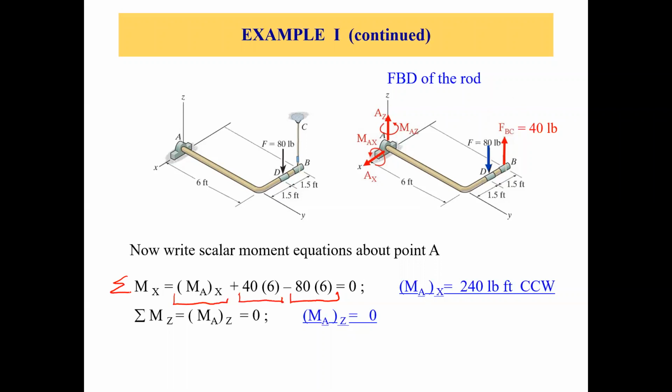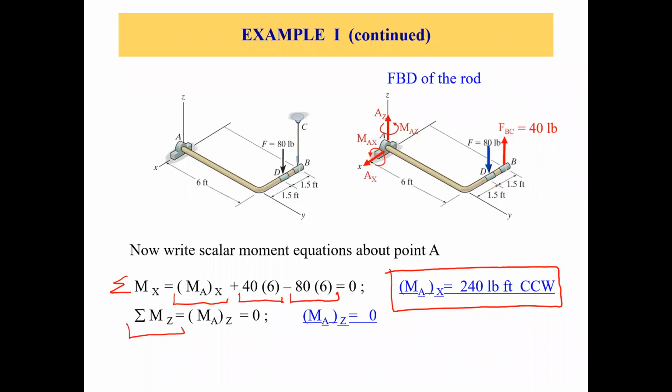And from here, we get the value of MAX, which is 240 pound-feet counterclockwise, because we got a positive number, right? Okay. Now, next, we'll go for sigma moments around z-axis equals to 0.